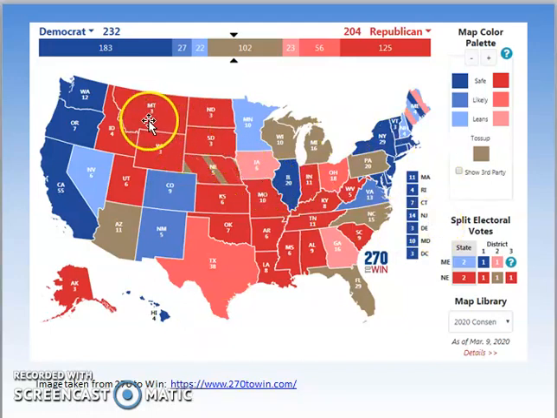The states that are dark red are being polled and surveyed, and using their history, they tend to vote Republican. If for the last 5-6 elections they've always voted Republican, it looks like they're probably going to vote Republican again. Same thing with the Democrat ones.